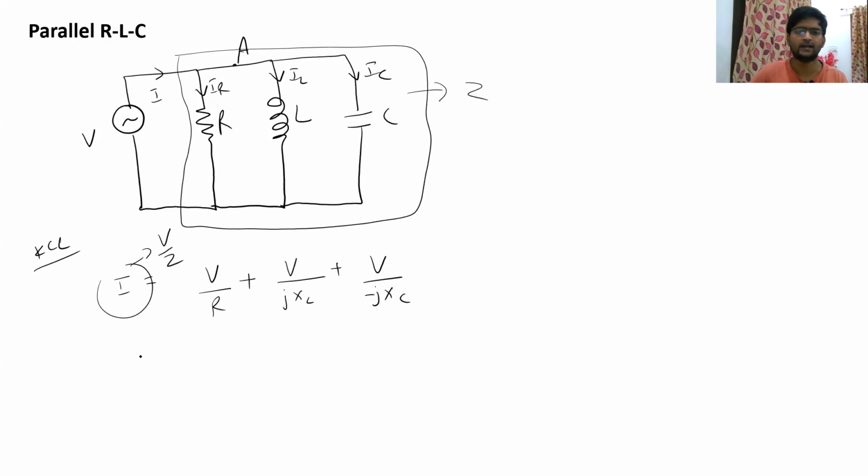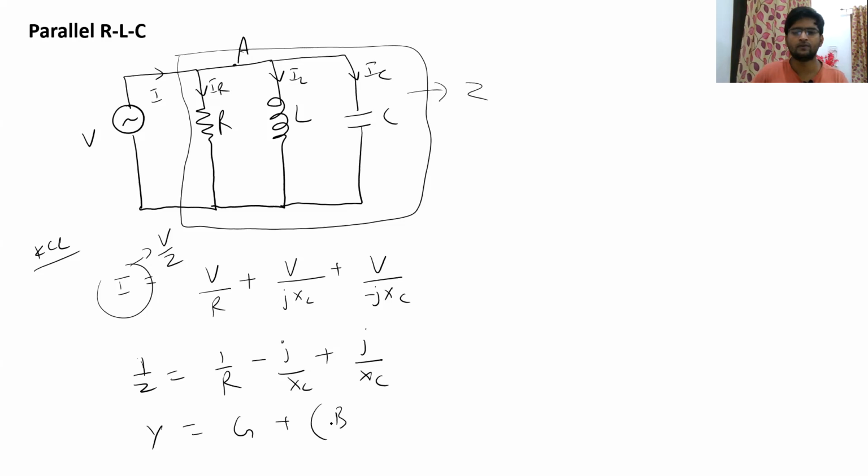So we can directly write 1 by Z is equal to 1 by R minus j upon XL plus j upon XC. So this can be written as Y is equal to G plus j times (BC minus BL).